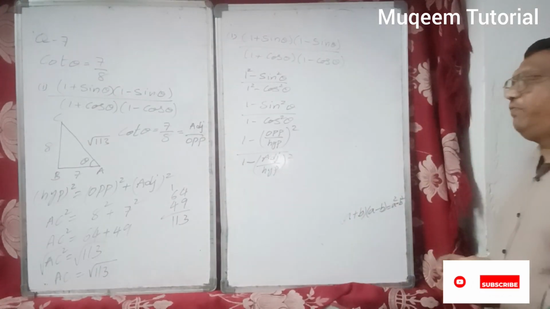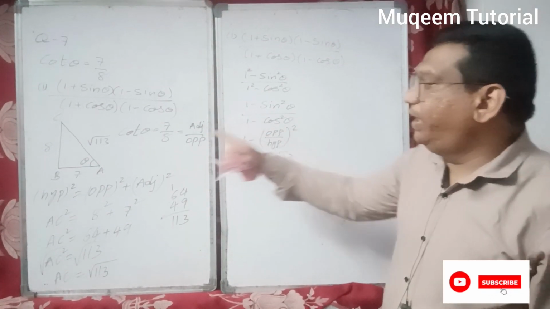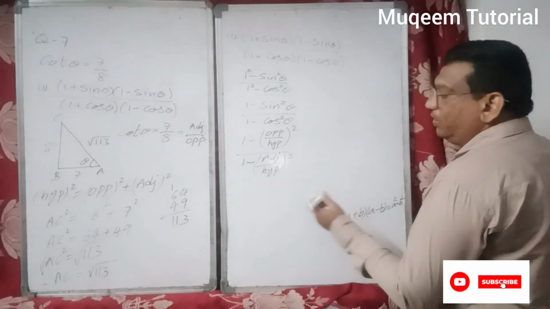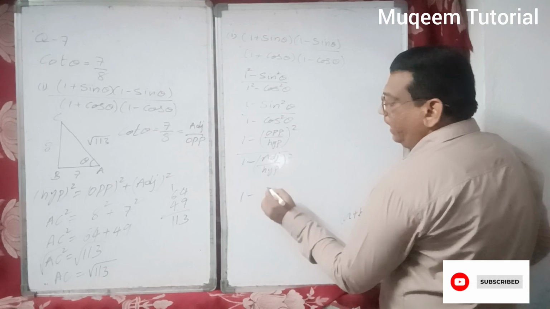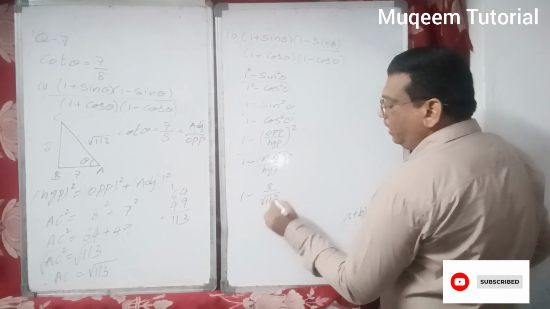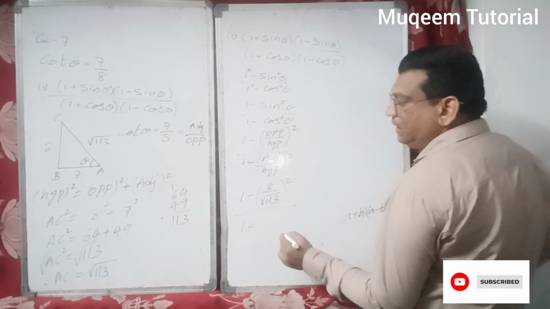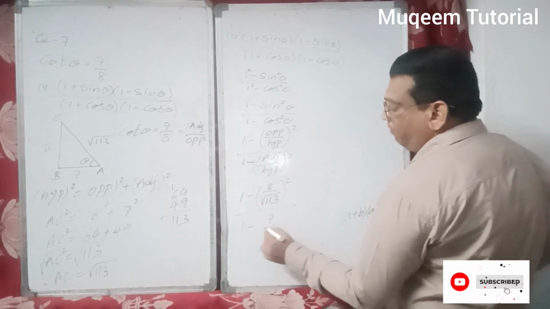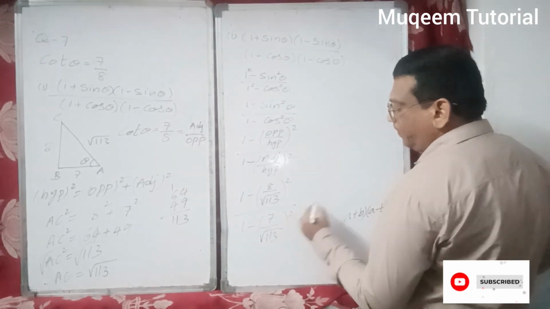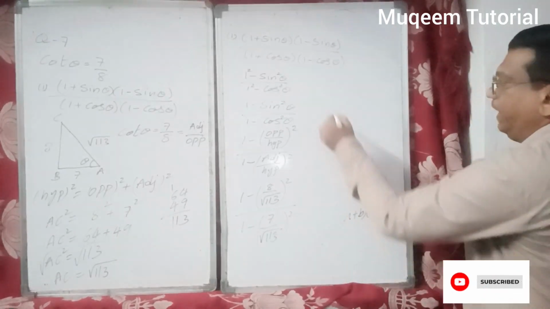So here we can see the opposite of theta is 8 and hypotenuse is root 113. So it is 1 minus (8 by under root 113) whole square by 1 minus (adjacent 7 by under root 113) whole square.